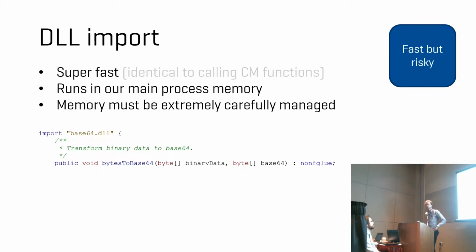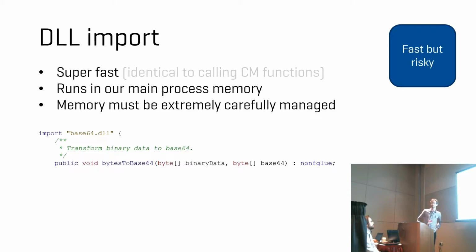For the DLL import, which James is going to talk about later, I would say it is the fastest one you can do, because you run the code in the same memory as the CET Designer process. So it's basically like calling CM functions or built-in C++ functions.